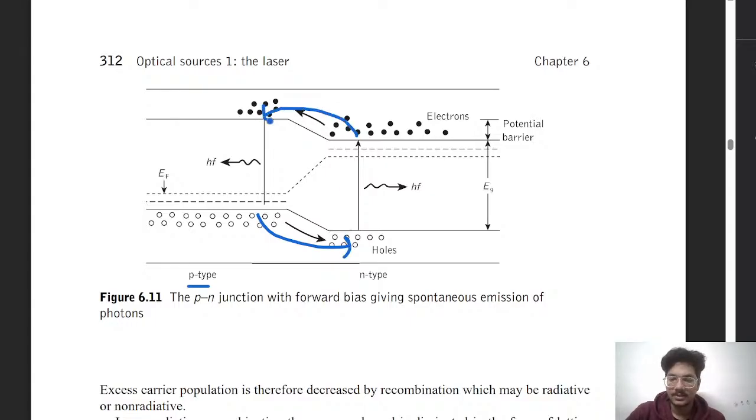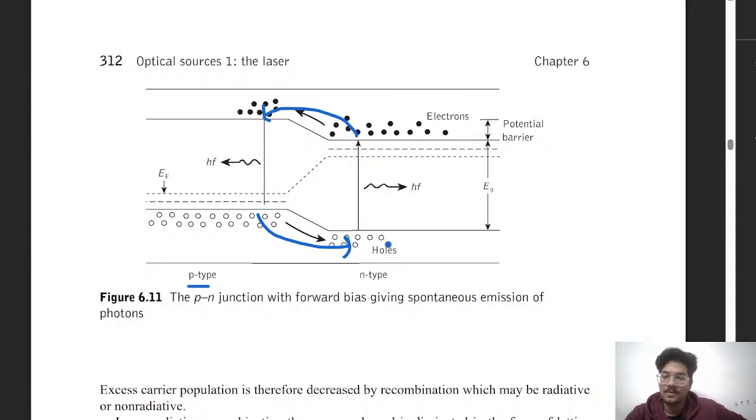In the recombination process, the conduction band in the p region normally contains few electrons, but in forward bias the injected electrons fill some of these empty states. Similarly, in the n region the injected holes fill some empty valence states.